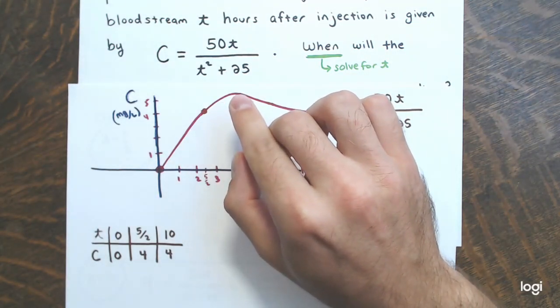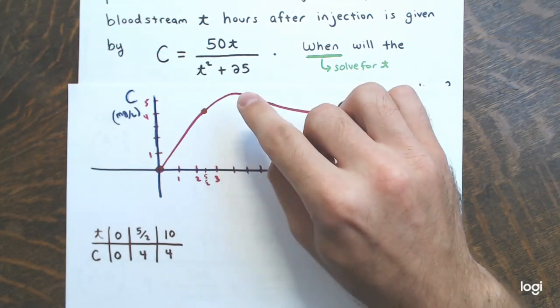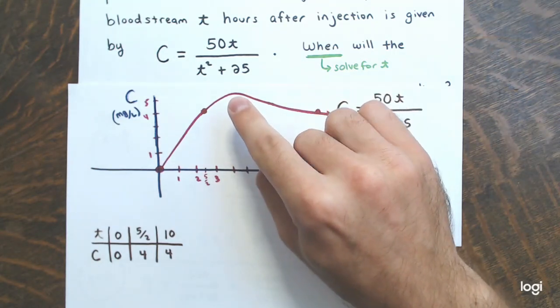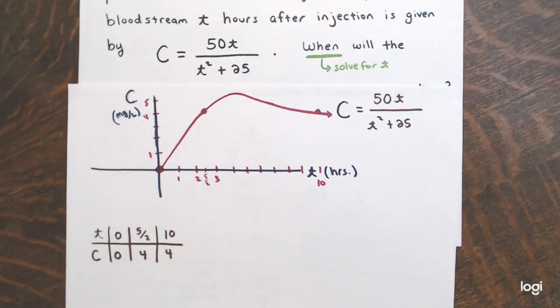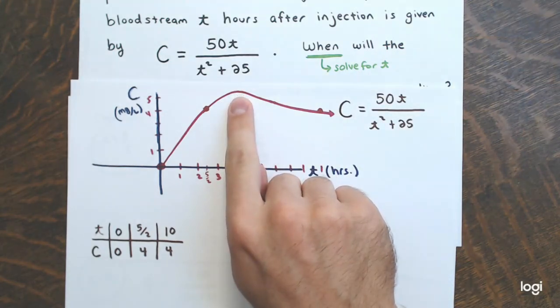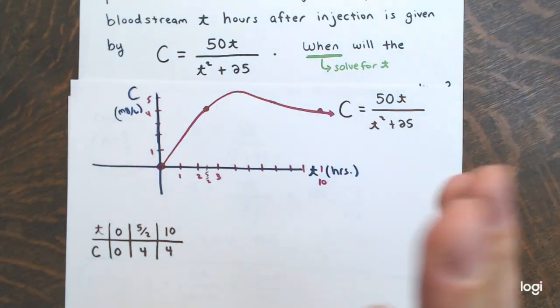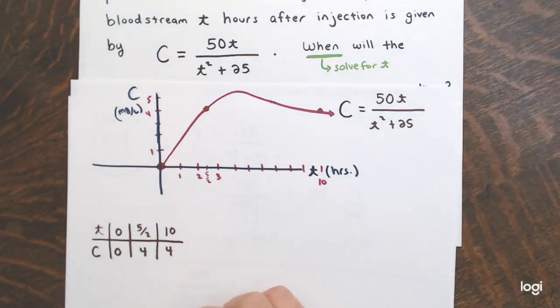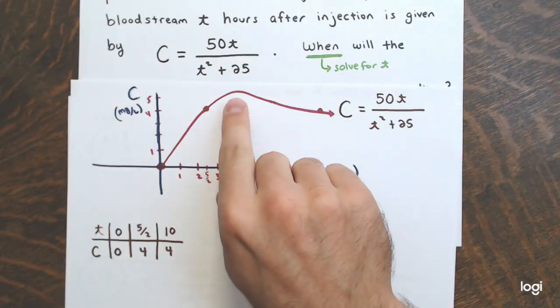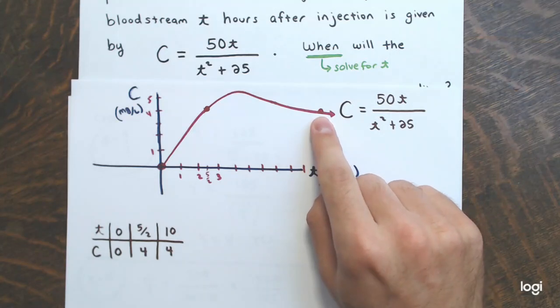So it's definitely in your blood more. I honestly don't know how drug diffusion through your blood works. Then it peaks, and after time it gets lost through maybe waste product or sweat, I do not know. But then it decreases over time, and at some point later it's back down to 4 milligrams per liter of your blood.